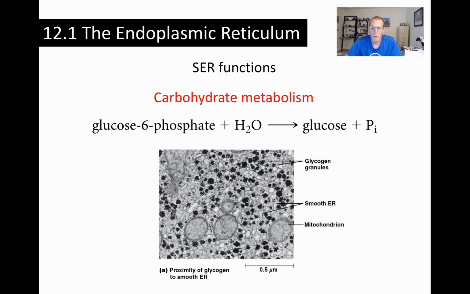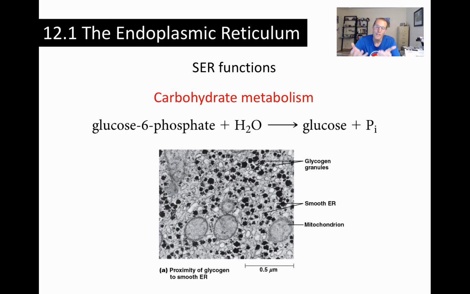Another function of the smooth endoplasmic reticulum, particularly in liver cells, is the breakdown of stored glycogen. So the smooth endoplasmic reticulum has an enzyme called glucose 6-phosphatase that's unique to the surface of smooth endoplasmic reticulum. What that does is exactly what it says it does. It's a phosphatase. So if you remember kinases add phosphates, phosphatases like glucose 6-phosphatase remove phosphates from substrates.